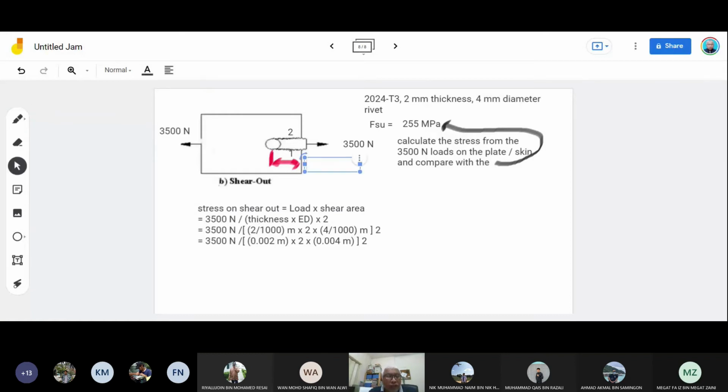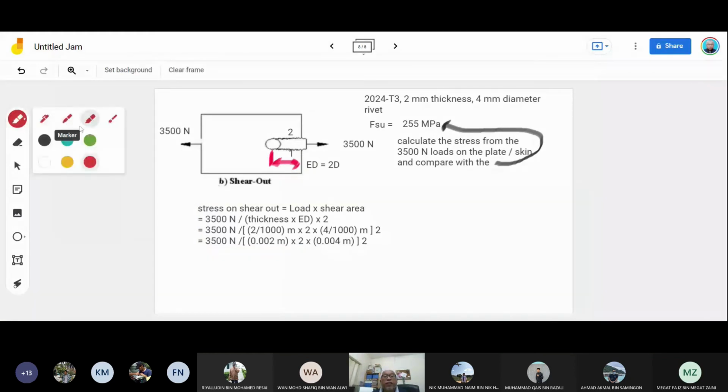By the rule we have learned before, this distance is a minimum of 2 times the diameter of the rivet hole. So this is 2D here. This is the thickness, then times 2.